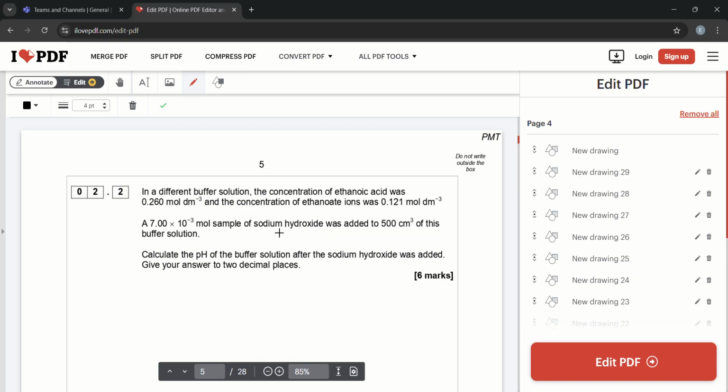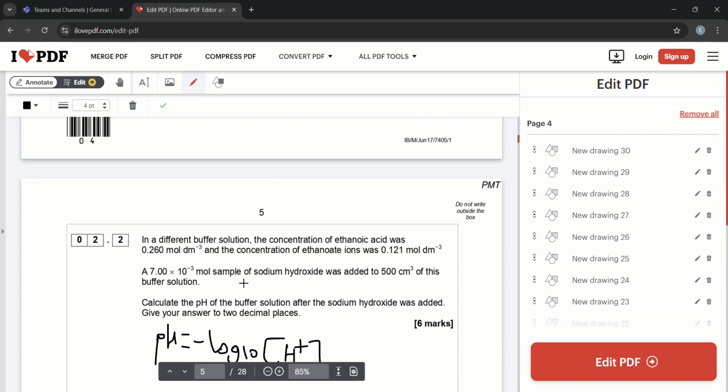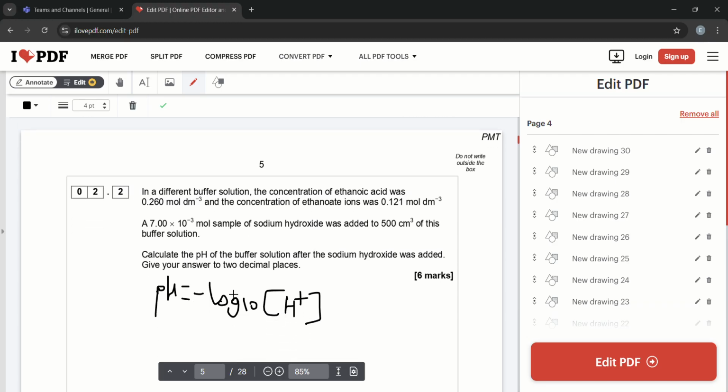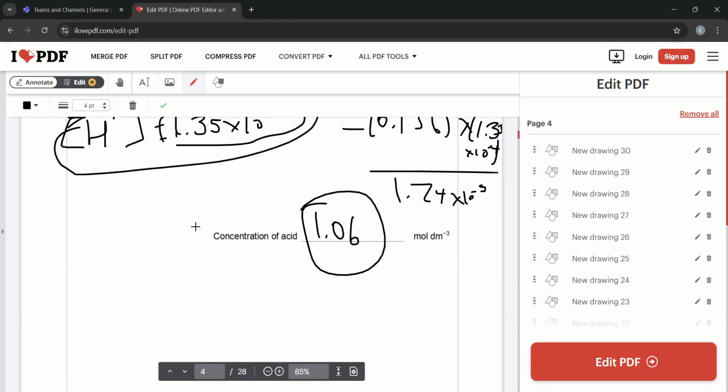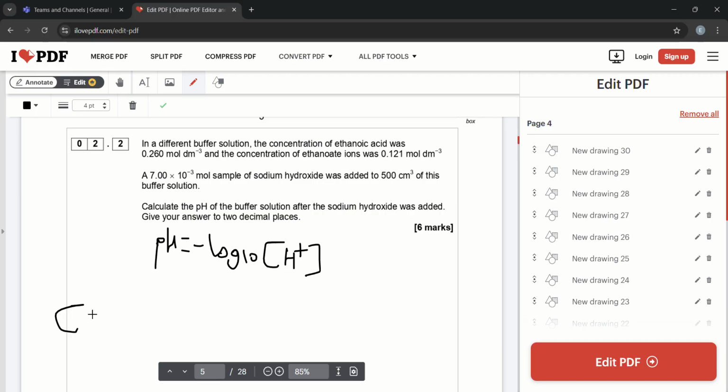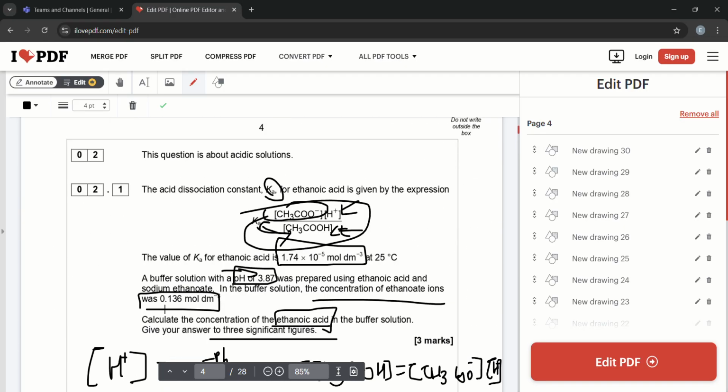So in order to find pH, it's equal to minus log 10 of H plus ions. So we're going to need to rearrange the equation in 2.1 to find out the H plus ions. So H plus is going to be equal to Ka times ethanoic acid.